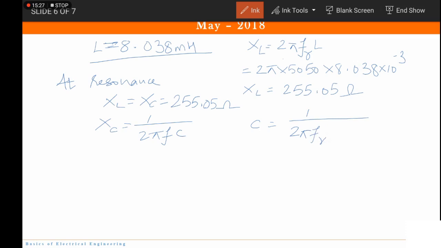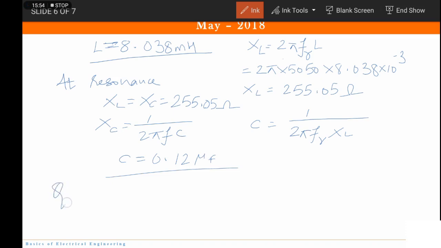Resonance frequency. Multiplied by XC. Okay. So we can calculate the value of C by putting all the values, and it comes out to be 0.12 microfarads. So we have calculated the value of C also.